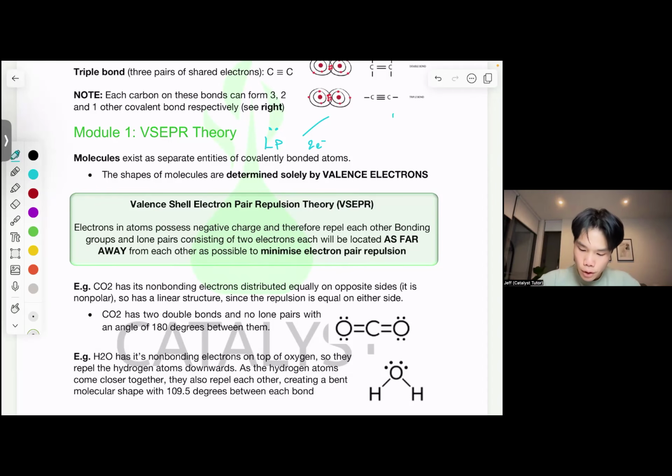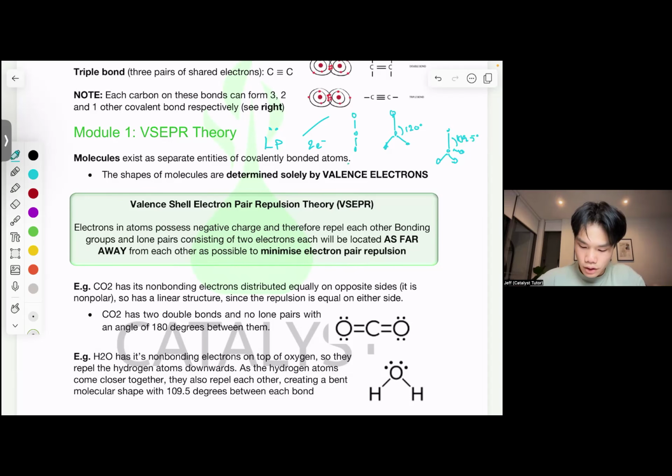If you then have 3 bonding groups, the separation would be 120 degrees. And if you have 4, you finally get a 3D structure, which has approximately 109.5 degree separation. And these make up our 3 major molecular shapes that you must know. What are the names of the shapes? So the one where there's 2 bonds, 3 bonds, and 4 bonds. What are these?